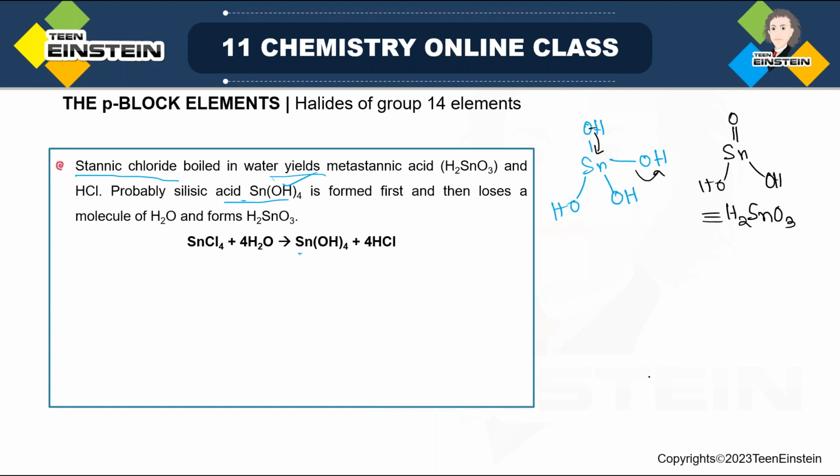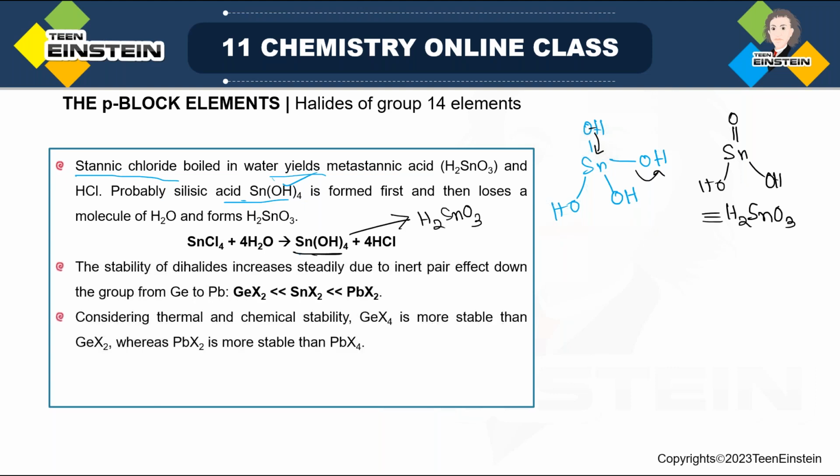So in this way we can explain how we are getting metastannic acid. It is not directly that we are getting this compound. First there is formation of Sn(OH)4, and then, because of loss of a water molecule, we are getting H2SnO3.